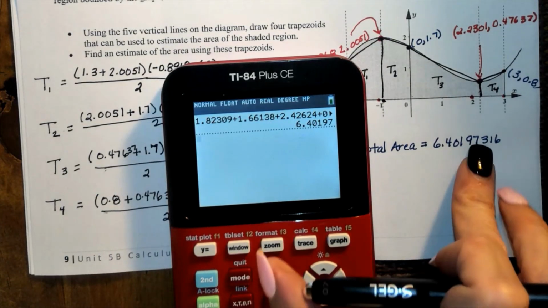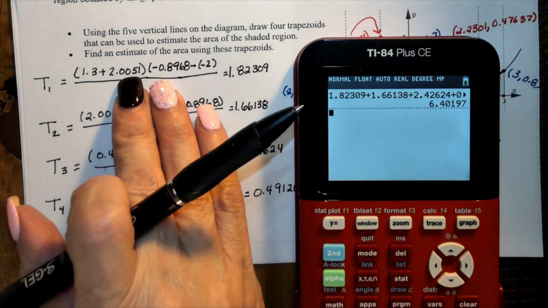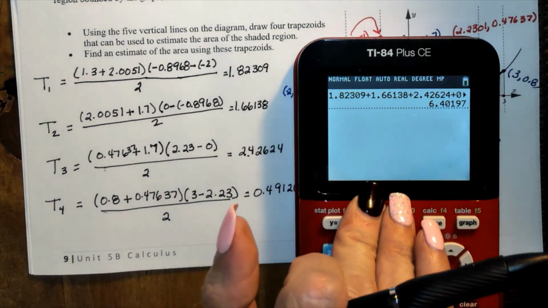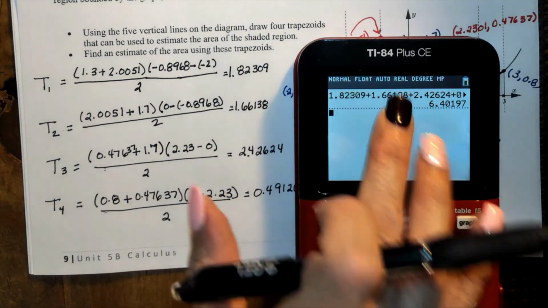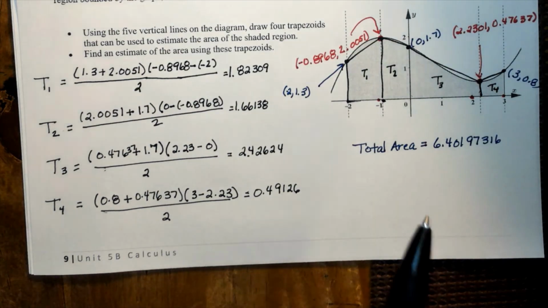Looks pretty close. This is more accurate because what I did here was when I found this value, I kept it on my calculator and kept working. So then I just went up and copied and pasted and said plus, plus, plus. We'll do that in class when we do it. But anyway, that was how I did it there.